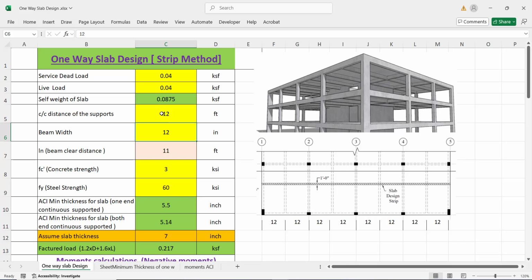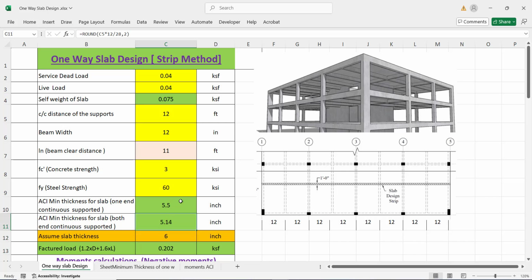So suppose we assume the center to center distance between the supports as 12 feet, and the beam width is 12 inches. Then the clear span ln will be 11 feet, and the required slab depth is 5.5 inches. So we take this as 6 inches.